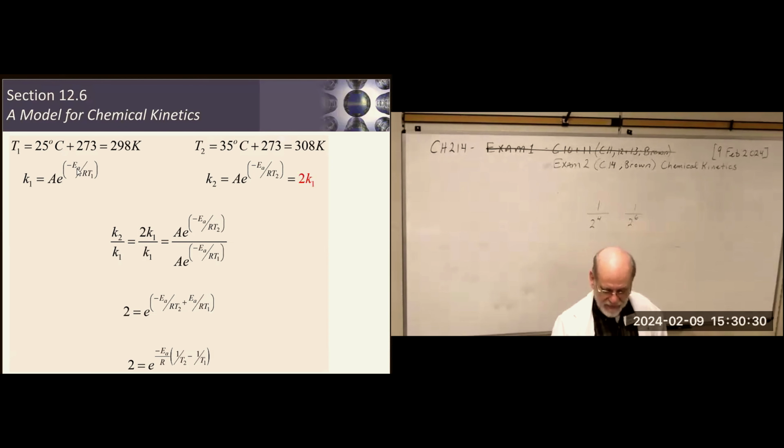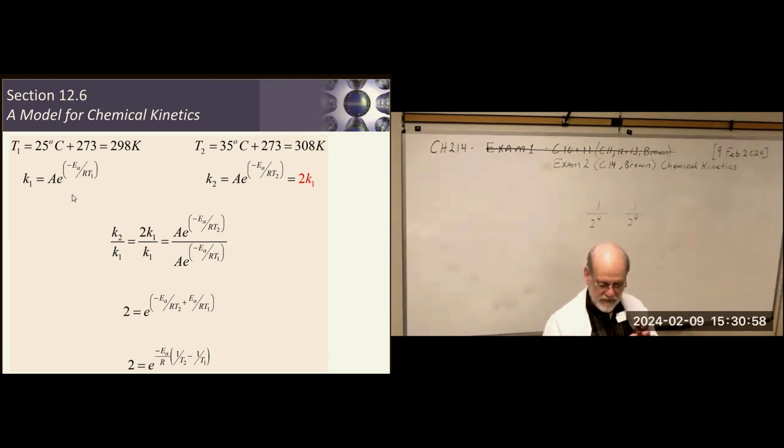I'm going to use the differential Arrhenius equation for this one, and the reason being, when you ratio them, those factors that you would normally have to determine just cancel out, so they're not a problem. But we have to use the Kelvin temperature. So the Kelvin temperature for 25 degrees is 298, and for 35 is 308.